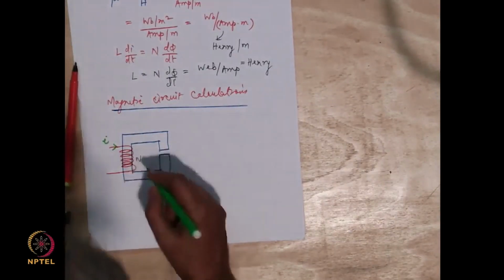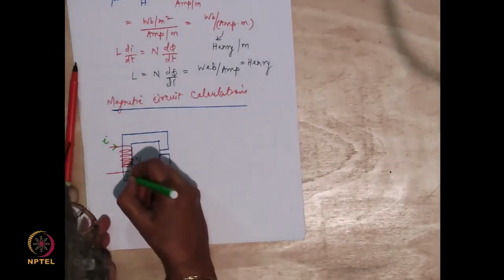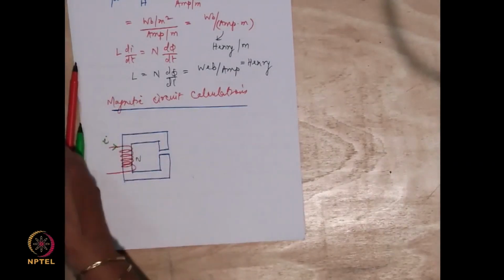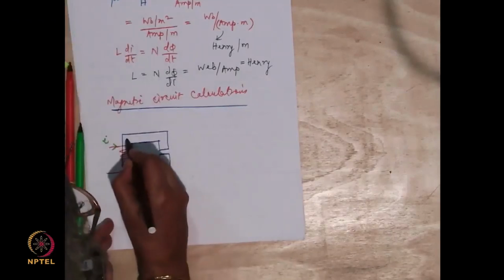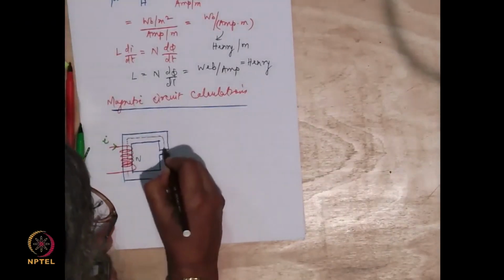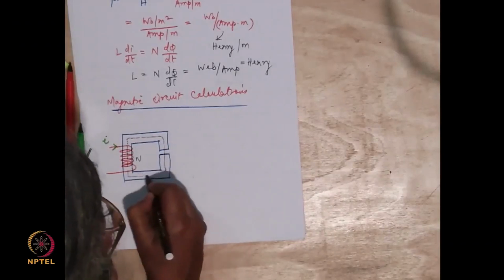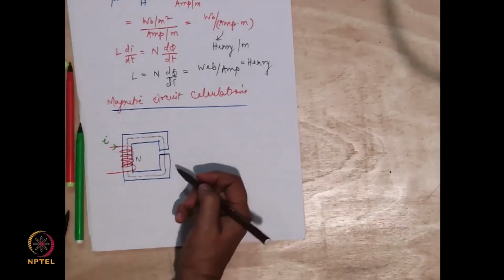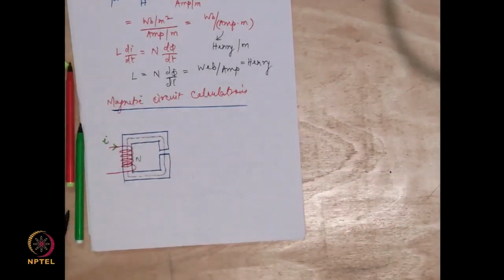This will definitely create the magnetic field lines. I can look at it this way, that it is going to go around like this and it will go through the air gap also forcefully. There is no other way, because it will try to confine itself as much as possible to the ferromagnetic material.